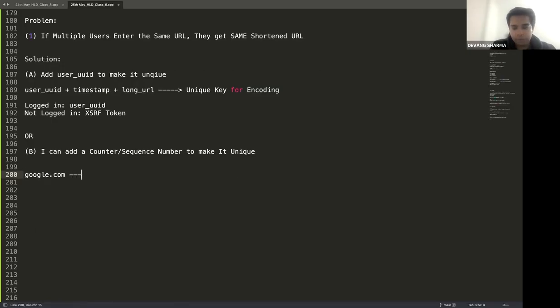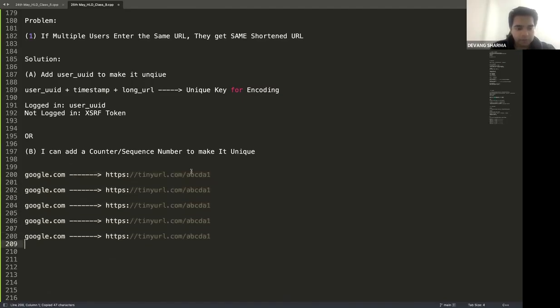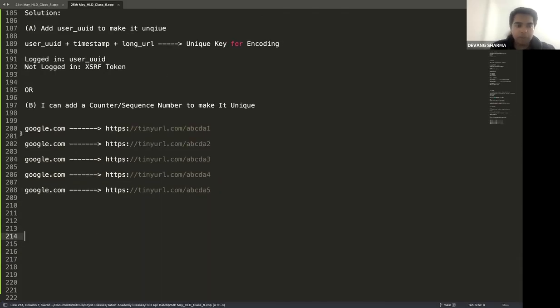Whichever user, whichever time, I can create something like this: https tinyurl.com, let's say ABCDA1. Next time it comes, paste, paste, paste, paste. Make it 2, make it 3, make it 4, make it 5. Do you see any problem with that?